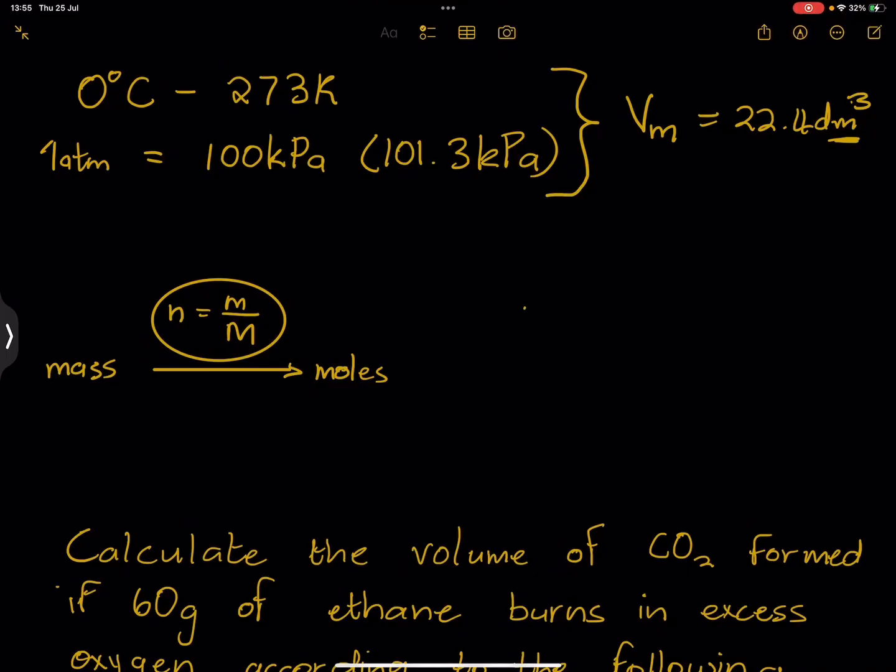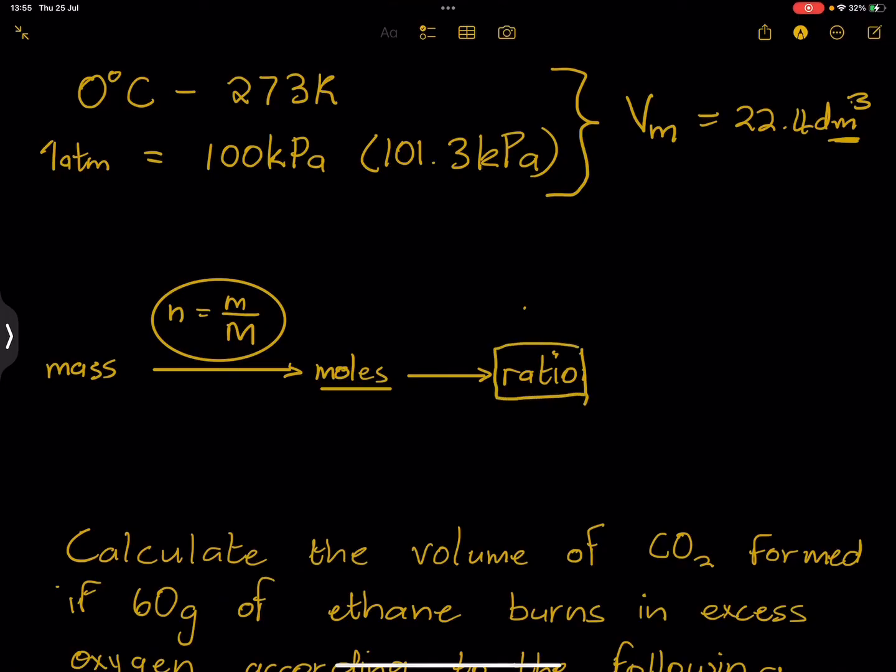Now, once we get the moles of the reactant, then we can use our molar ratio, and this is where we need to make absolutely certain that our reaction is perfectly balanced.